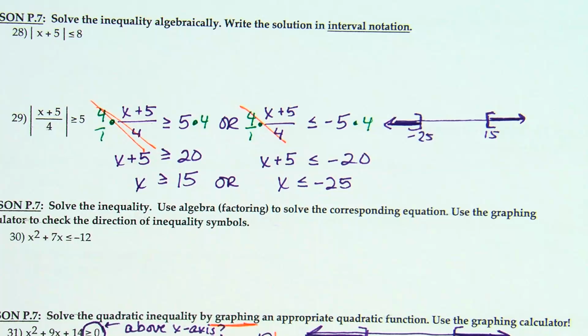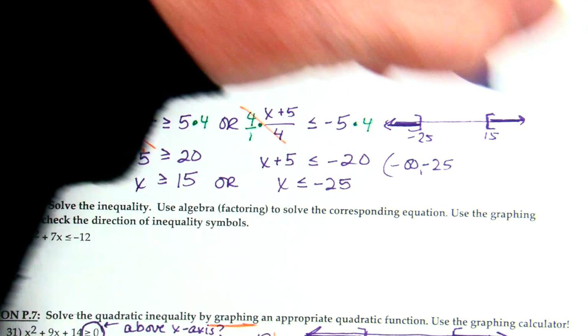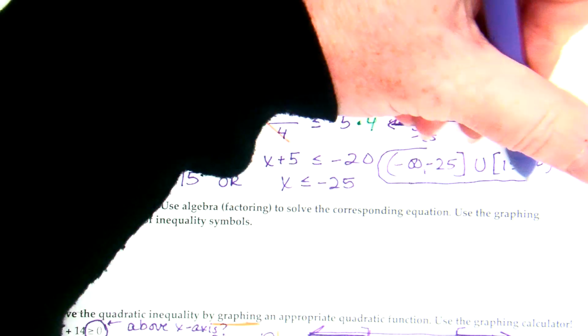So this is kind of like our interval notation we did earlier, wasn't it? Starting here at left arrow, negative infinity to negative 25, union, 15 to infinity. And there were brackets on the numbers because this was an equal to problem.